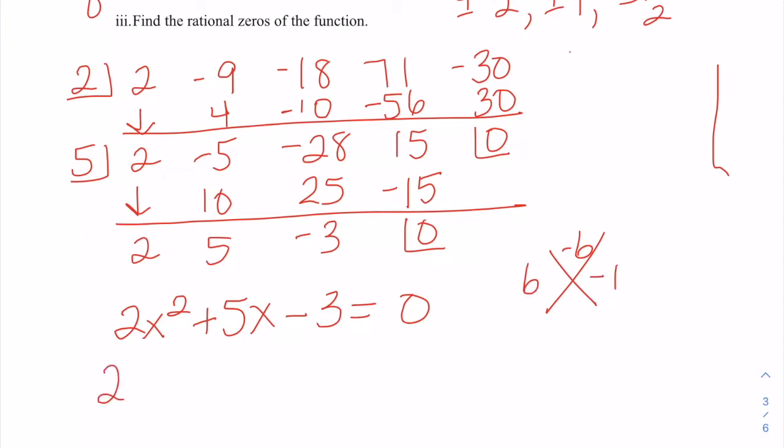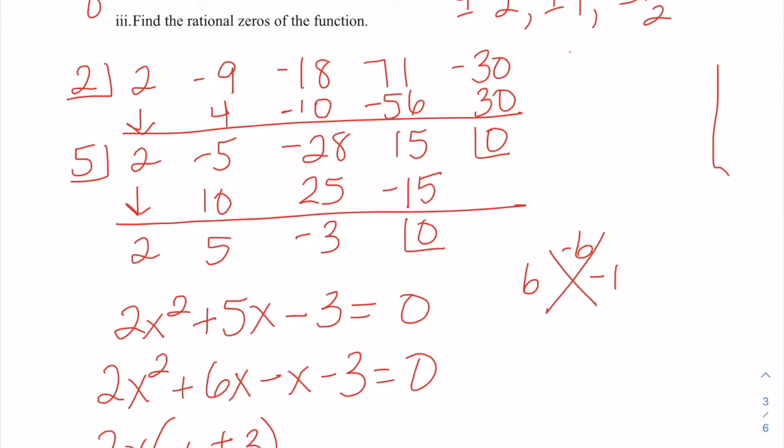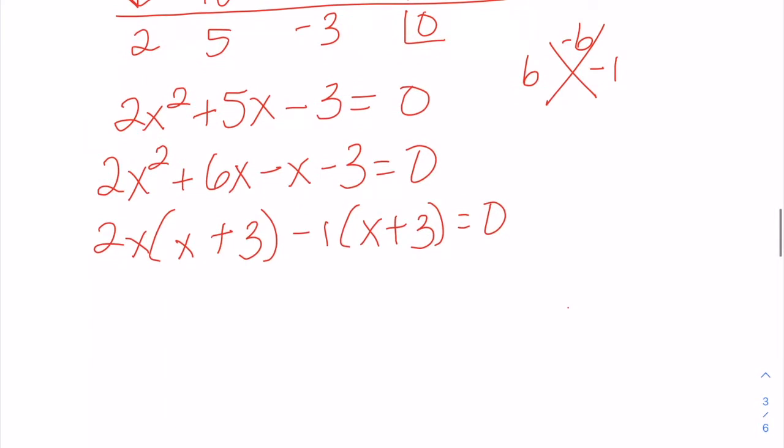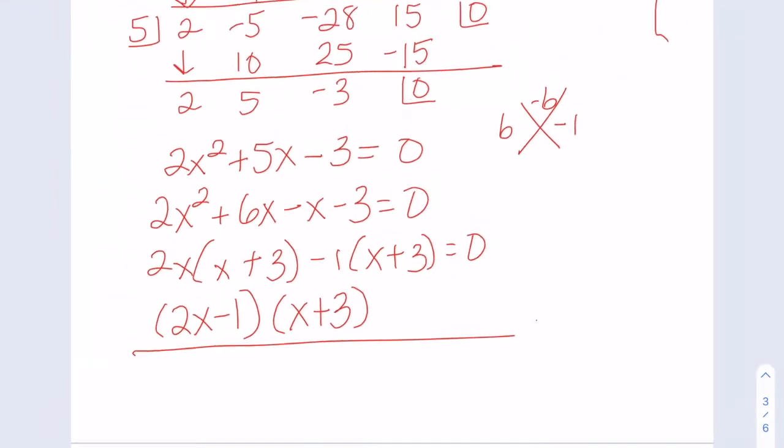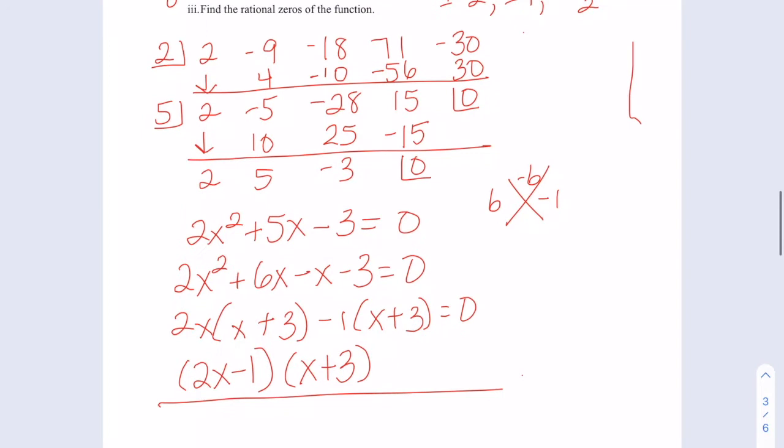So I'll make that 6x minus x minus 3. And we could just find the GCF for each of these. So x plus 3 is going to be the common factor. And so this will be 2x minus 1, x plus 3. All right, now before we get too far along, remember we did have those 2 factors from above.